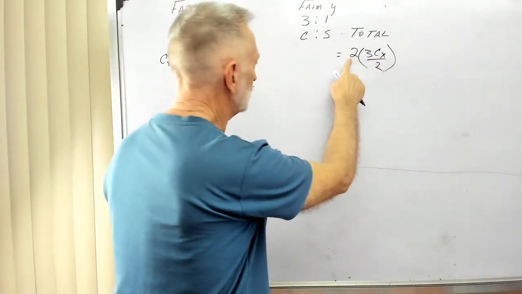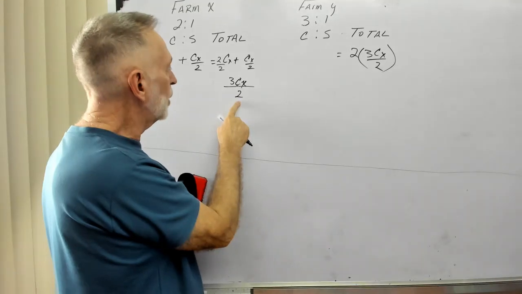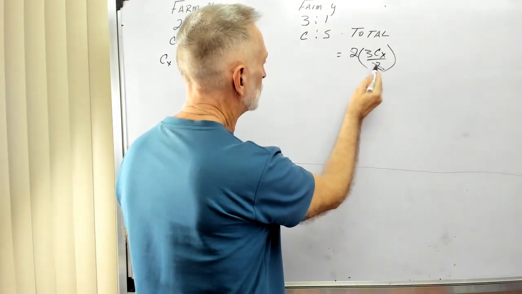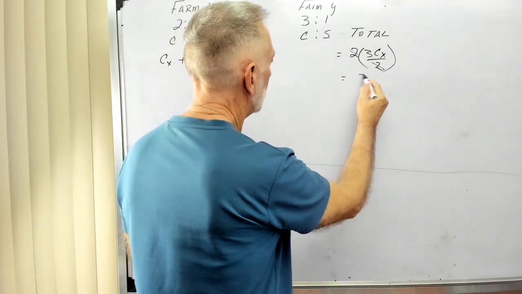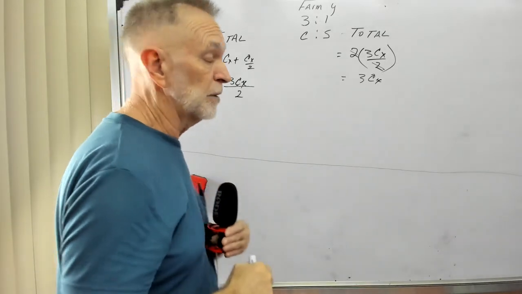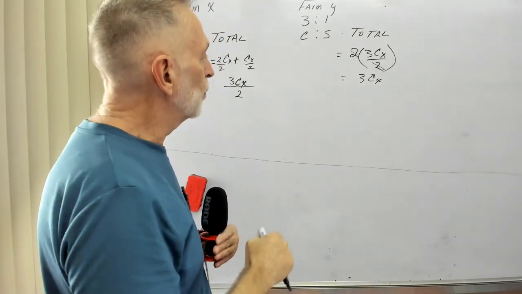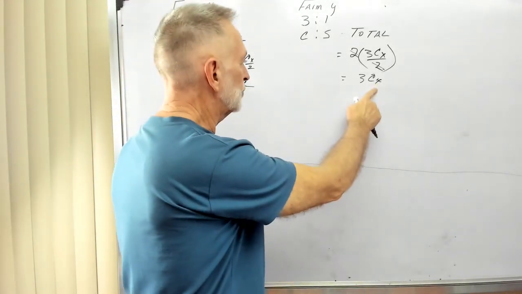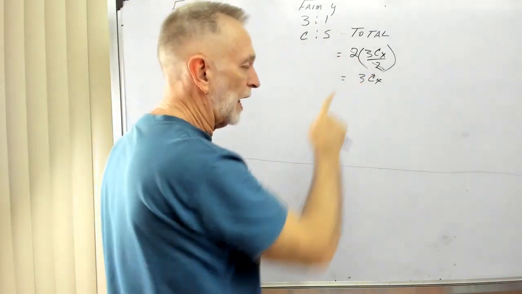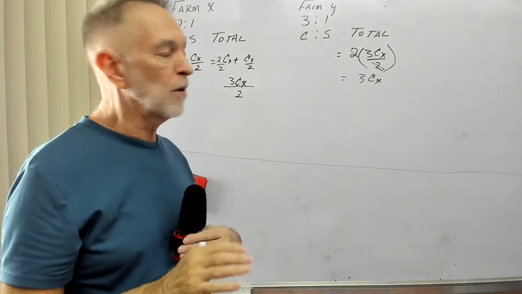So twice as many as I have in total on Farm X. 2 divided by 2 is 1. 1 times 3C sub X is 3C sub X, okay? So 3 times the number of cows on Farm X is how many total animals I have on Farm Y.